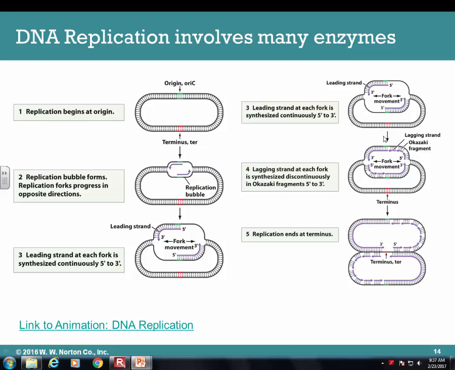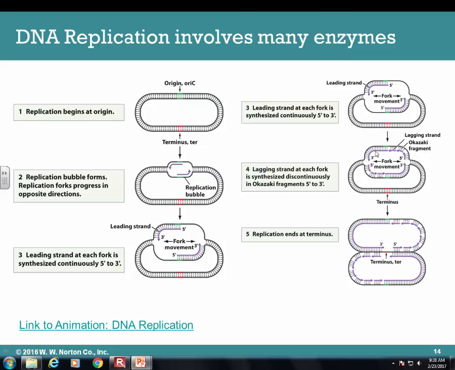And the lagging strand is also replicated in the same direction, but in kind of fits and spurts in that it's being made in these short fragments of nucleotides called Okazaki fragments. And those are kind of pieced together. So in that way, even though the terminus is not exactly at the origin, you're getting a complete copy.